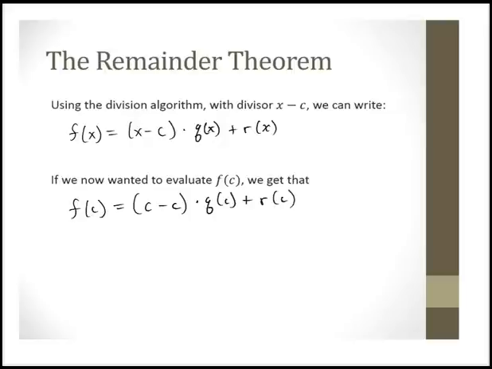Notice that c minus c is 0, and so that would be 0 times q of c plus r. And 0 times q of c is 0, plus r. And so that's just r.